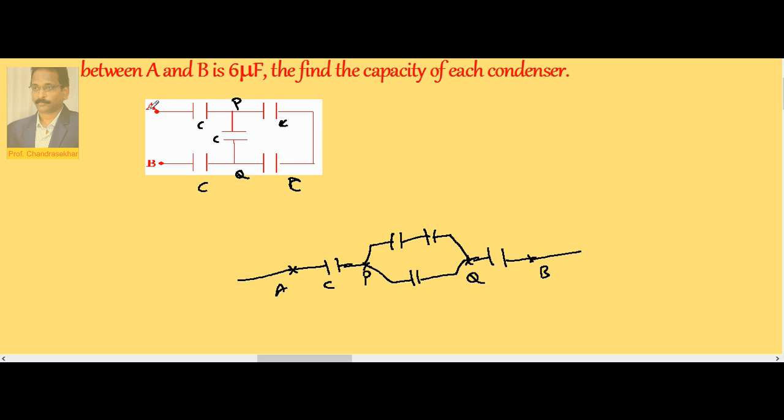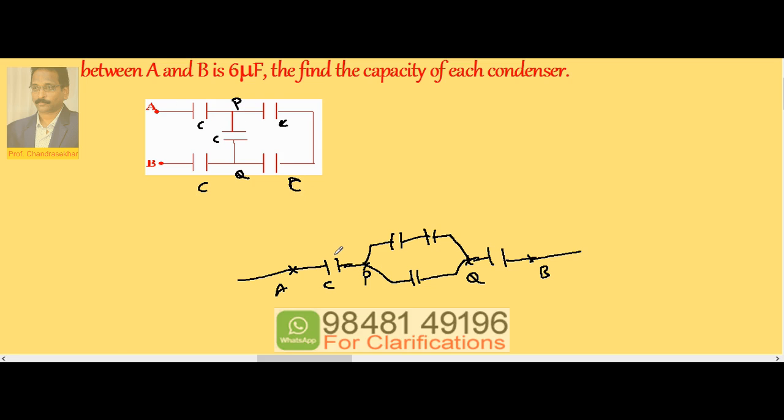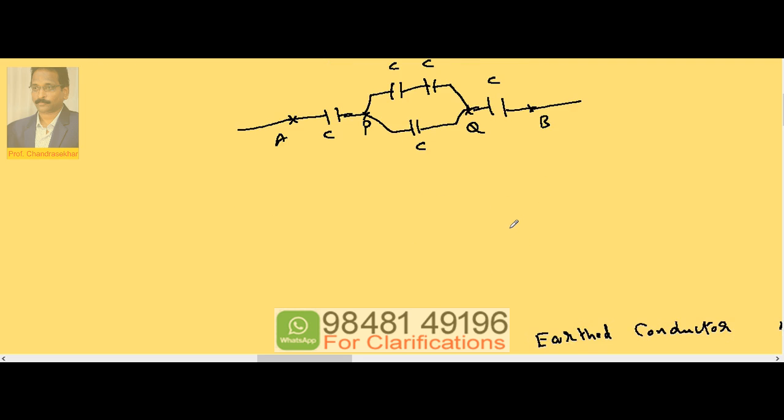Here the starting point is A to P, one capacitor. Between P and Q I can move clockwise as well as anti-clockwise. First move clockwise: C and C in series, to that C is connected in parallel, and between Q and B another capacitor C. Now let us consider this value.